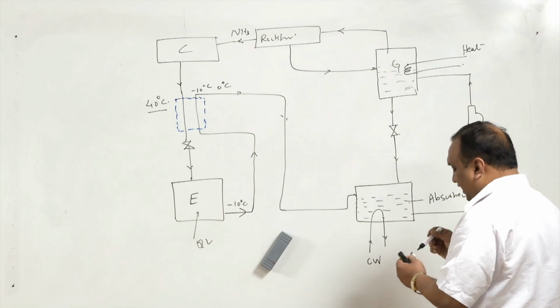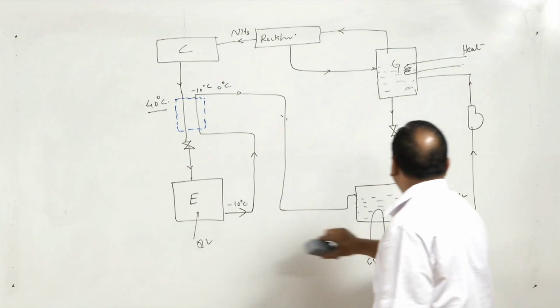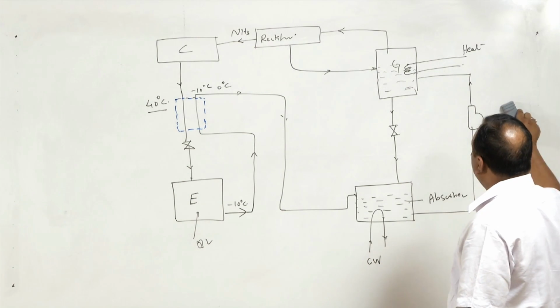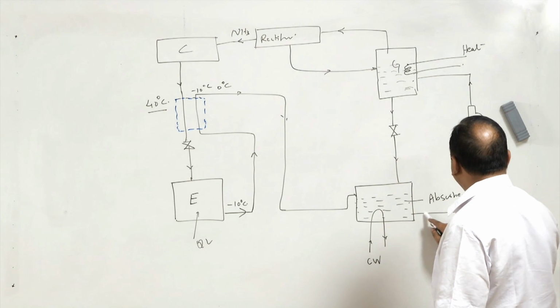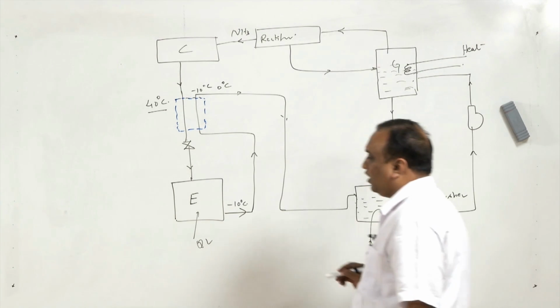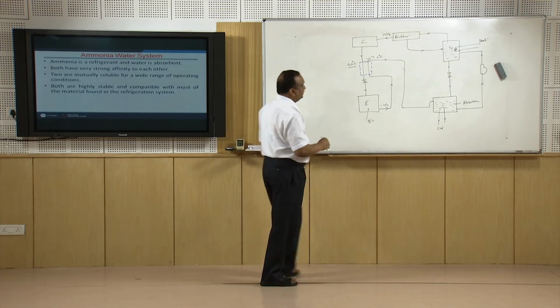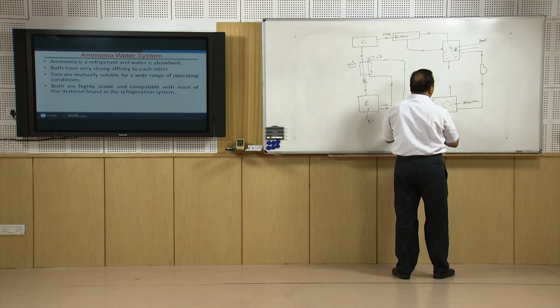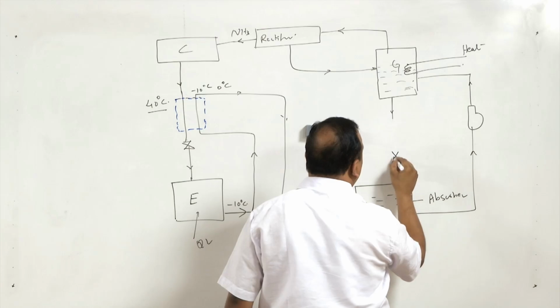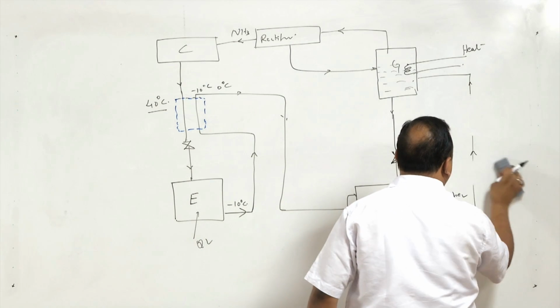Now, in this side of the system also there is a scope for improvement, because the fluid which is going up and the fluid which is going down, they are at different temperatures. So, here suppose I shift this expansion valve to here and pump somewhere here.